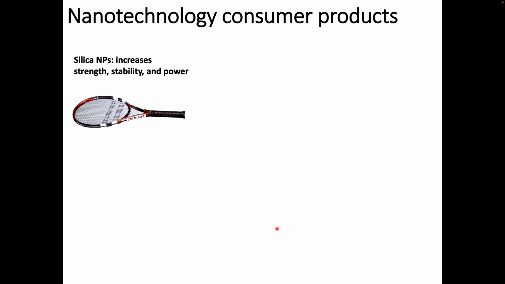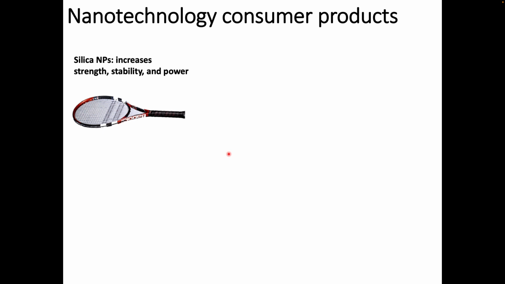So these are just some examples of nanotechnology consumer products. Okay, if you look at a tennis racket or even a baseball bat, or golf clubs, they will say this has carbon nanotube or graphene and stuff like that, right?